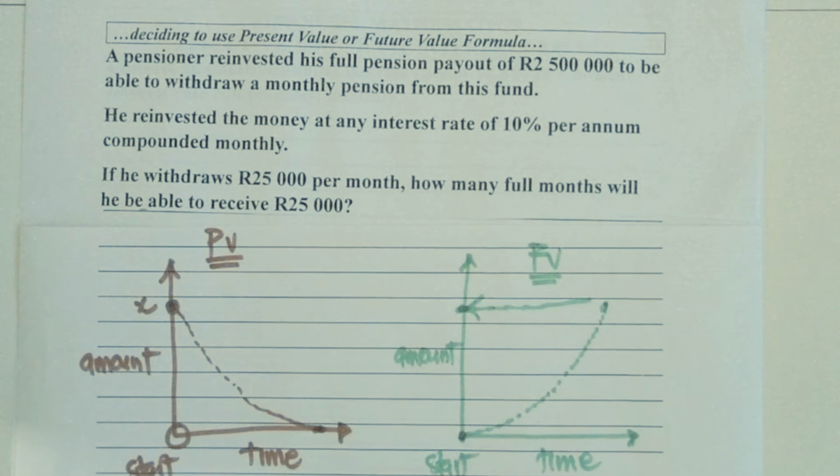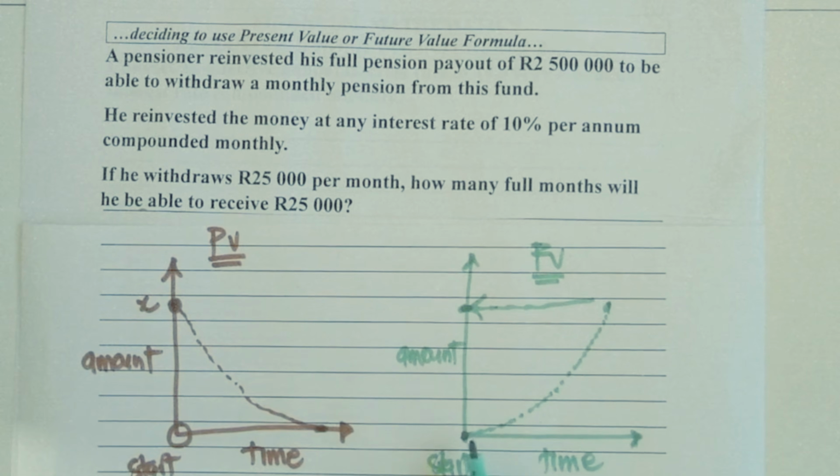So, if I summarize, for PV, we start off with a certain amount of money, and then gradually, as time progresses, we end up with a zero amount in the account. And for FV, we start with a zero, then we end up with a certain amount of money in the account.